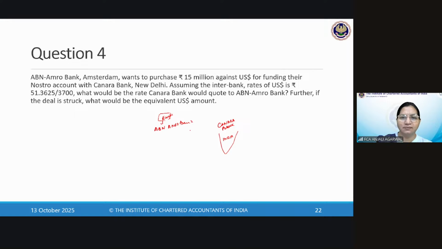So this bank has maintained some account with the Canara Bank where it is keeping money in rupee. So the Canara Bank in India is having an account of ABN AMRO Bank where the ABN AMRO Bank is keeping their money in the Canara Bank in rupee.